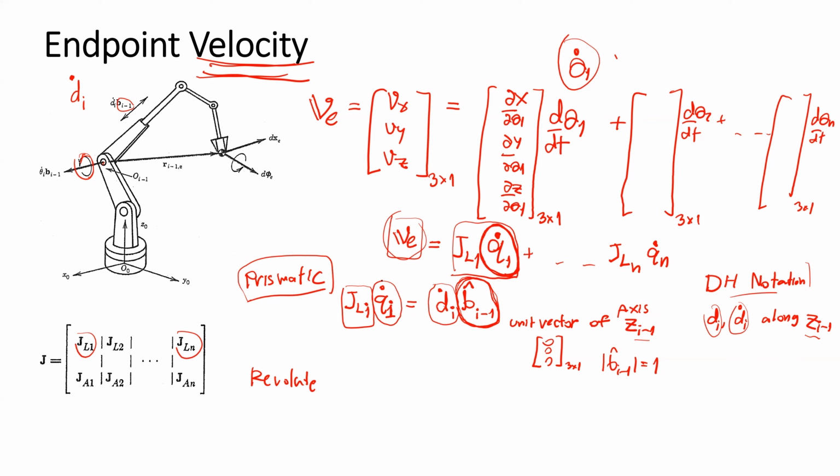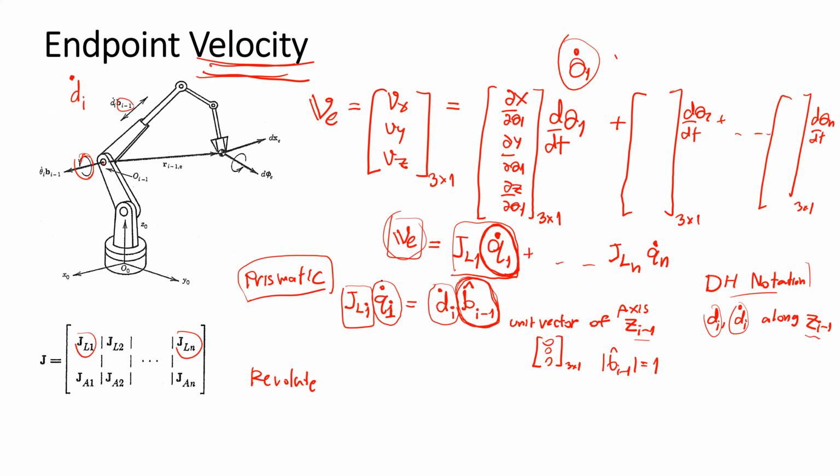No, I'm sorry, not need to know omega. For the revolute joint, we also want to compose the linear Jacobian, because now we are talking about the velocity. The linear Jacobian that corresponds to the revolute joint.